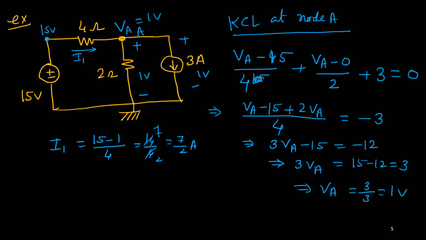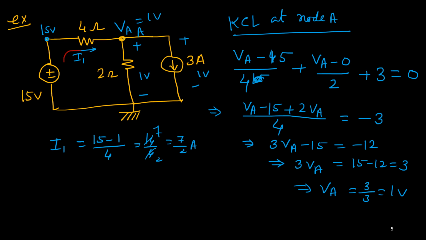Right? So we have got everything. Now we will calculate the power. First, the power by this 15 volt source. You see the current I1 is positive, that means it is in the same direction. This current is leaving from the plus terminal.